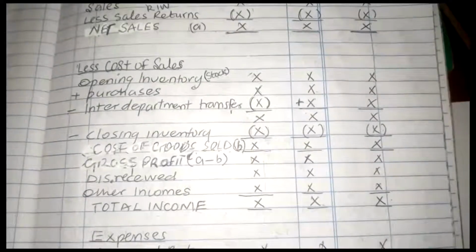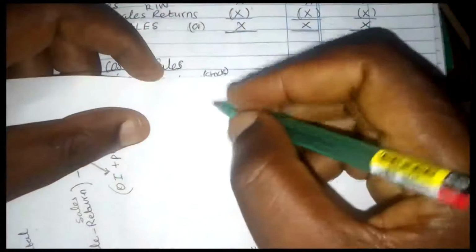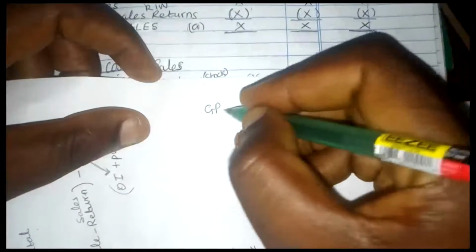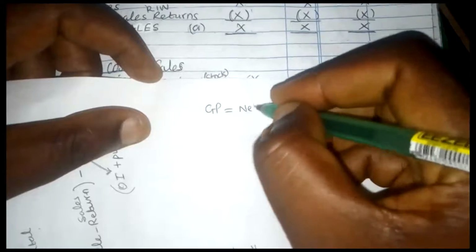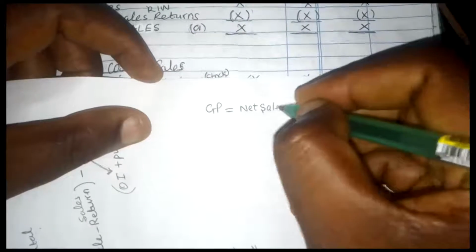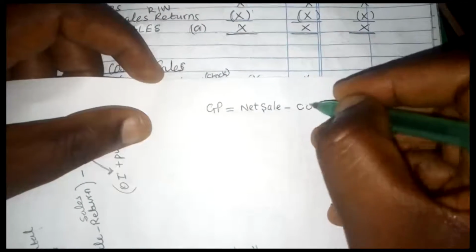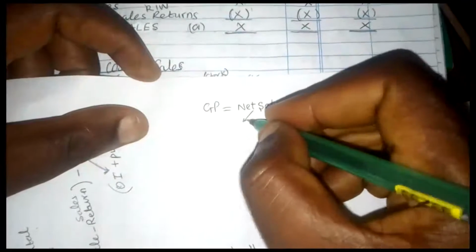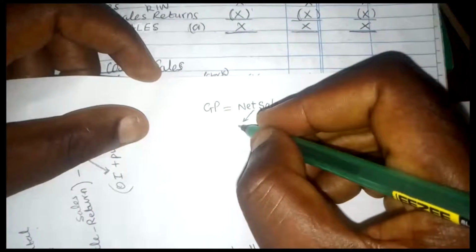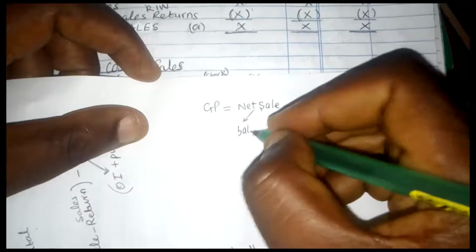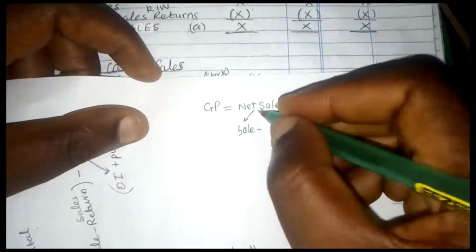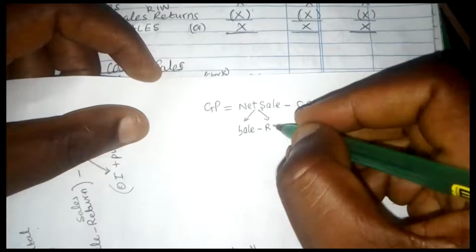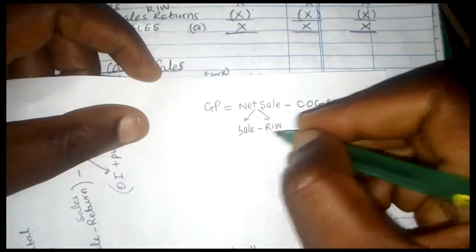Look at this. Your gross profit equals net sales less cost of goods sold. Take note. We know that our net sales is sales minus return inward, that is sales return.